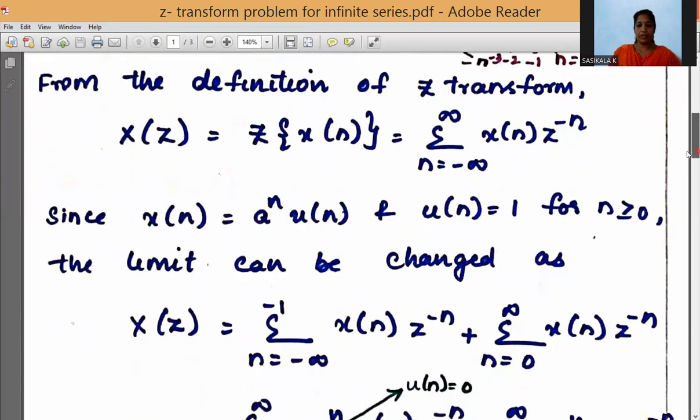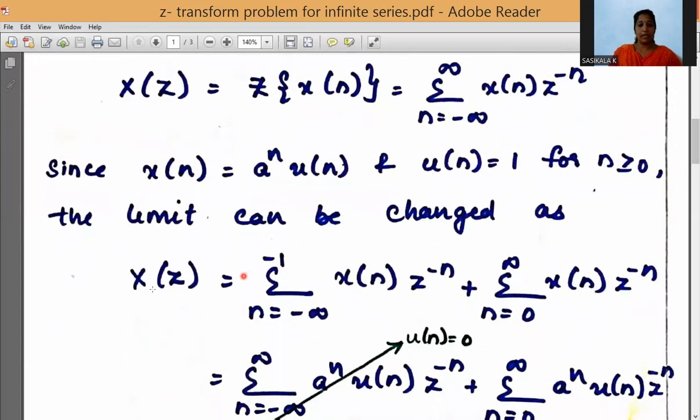Listen, here I have split this summation n varies from minus infinity to infinity into two limits. One is the summation n varies from minus infinity to minus 1, x of n into Z power minus n, plus summation n varies from 0 to infinity, x of n into Z power minus n.